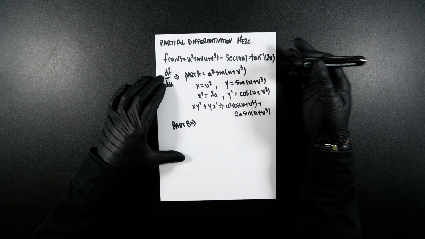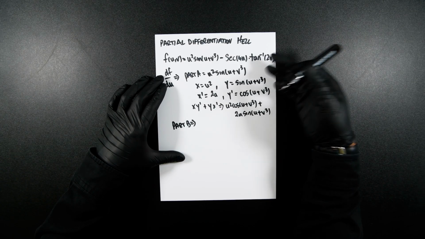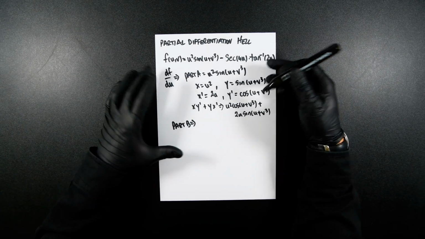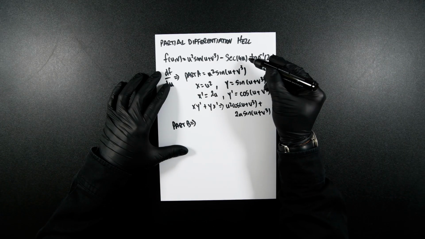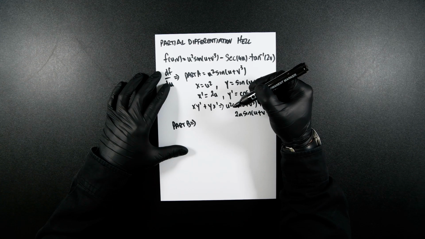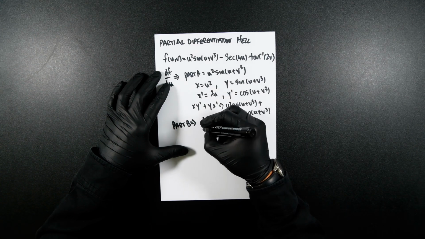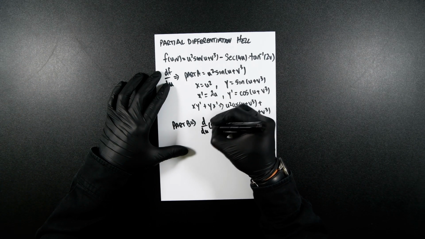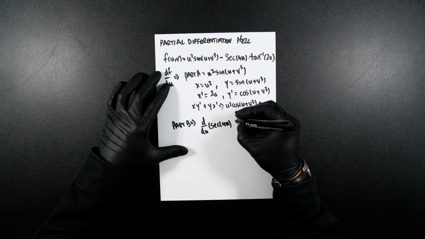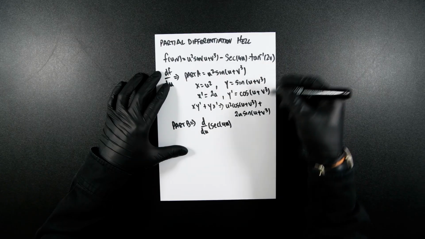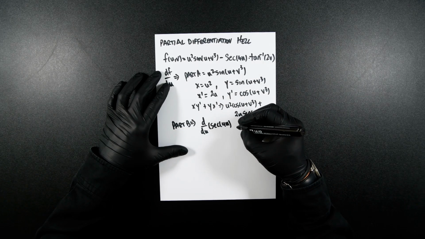You can almost ignore it. Let's say pretend it's like a 7 just sitting there, a number, a coefficient. Pretend it doesn't exist. So we're only going to look at the sec 4u, that's what we're differentiating.